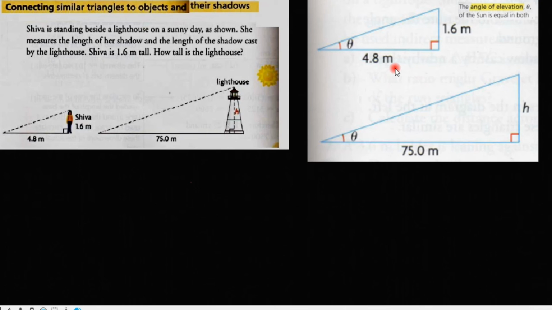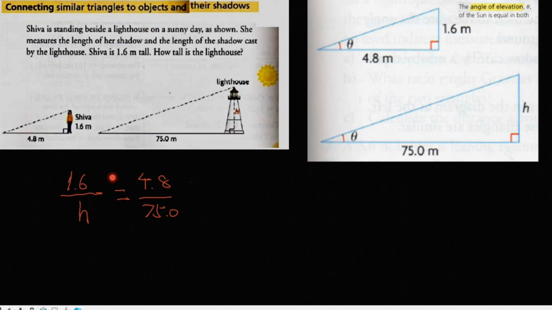Okay, let's set up the proportions. Look at both triangles. Shiva is 1.6. This right triangle has one side over h. We set the height of the lighthouse as h, and it equals 4.8 over 75.0.